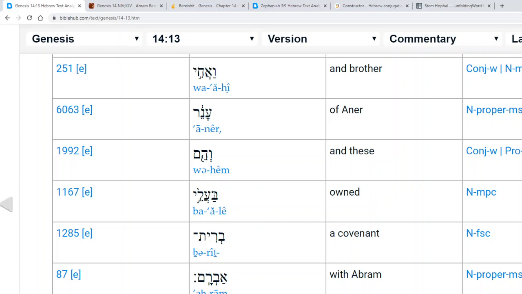Owned is right. Baal is singular, Baalim is plural, but this is one big construct. It's one big smichut, three words. So Baalim, right? Owners, and it's in the construct form. Brit is the covenant, right? Avram. So they owned a covenant with Abraham, right? So they were people who were of the covenant of Abraham, right? So they were allied with Avram, and the covenant that God had made with Avram.